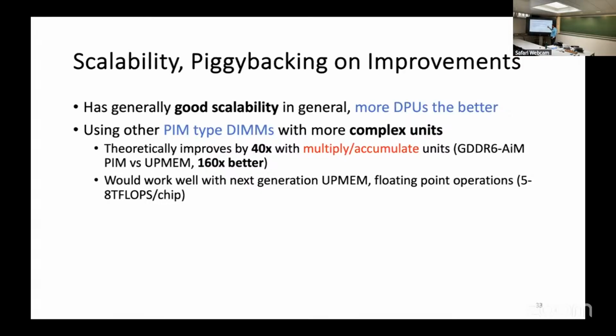For example, here GDDR6 AIM versus UpMem is 160 times better. And this could theoretically improve PIMnet by 40 times from what it currently is because of the multiply and accumulate units that could be added into it. As well as it works very easily with the next generation UpMem, which will get floating point operations. So it will just scale very well into the future.